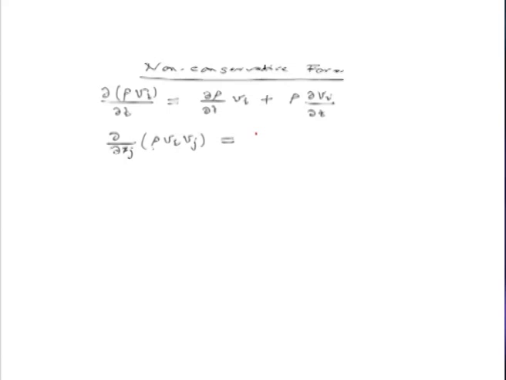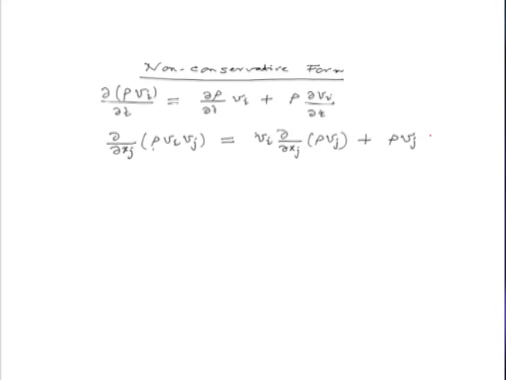So we can couple the 2 terms together. So this could be written as vi times del over del xj of rho vj plus rho vj times del over del xj of vi.